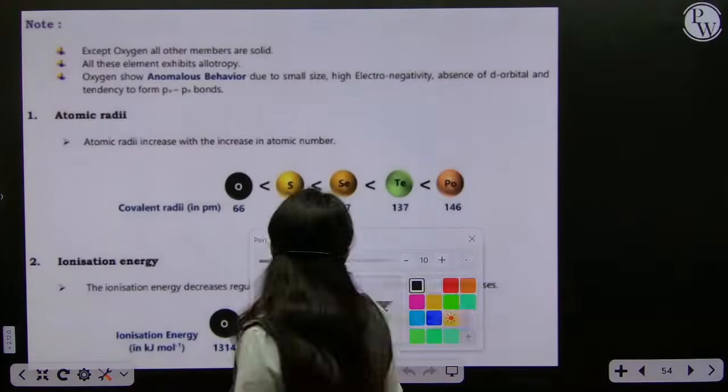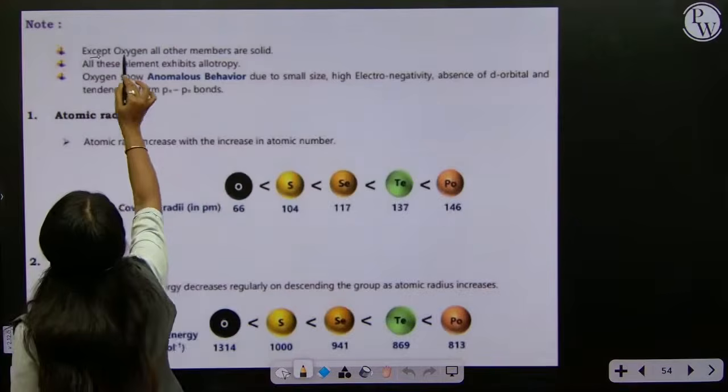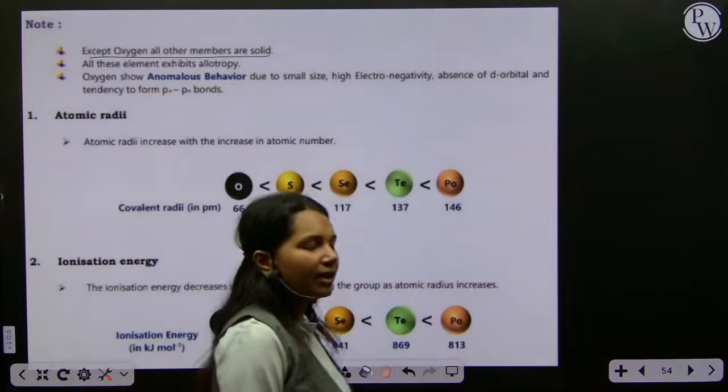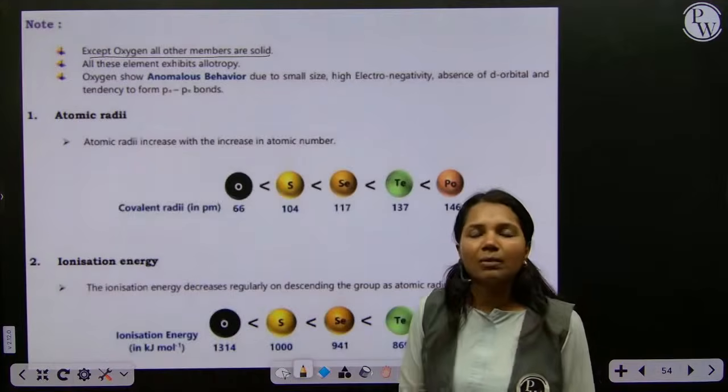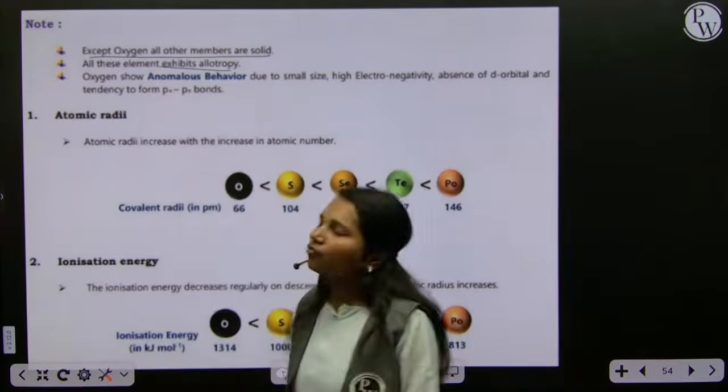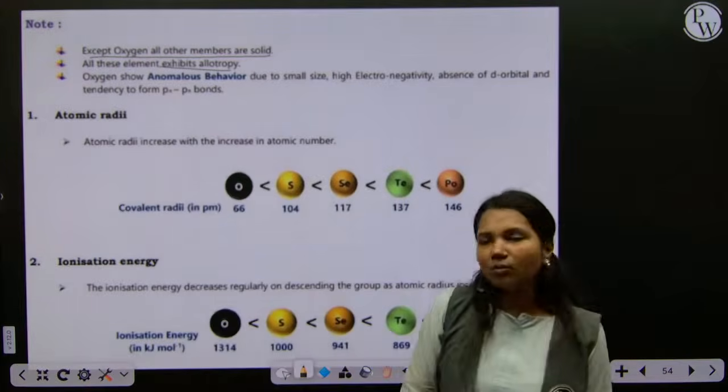Now, except oxygen, all members are solid. In the oxygen family, only oxygen is a gas, all the other members are solid. All these elements exhibit allotropy.